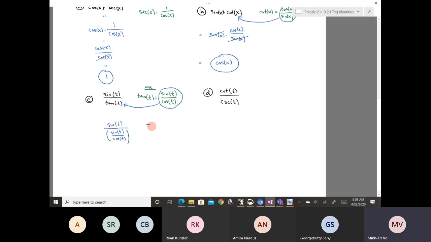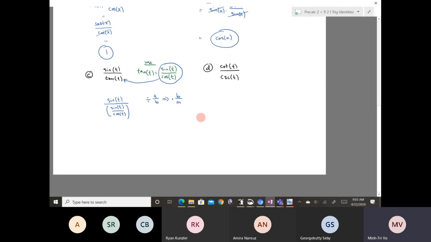If you remember, dividing by a over b is the same thing as multiplying by the reciprocal. So let's do that. The numerator is sine, and then this division changes to multiplication, and then I flip this upside down. So this becomes cosine over sine now.